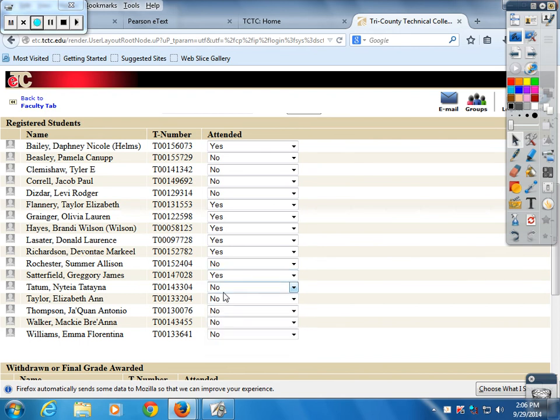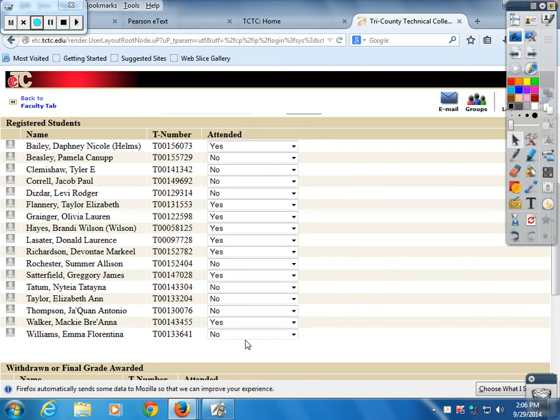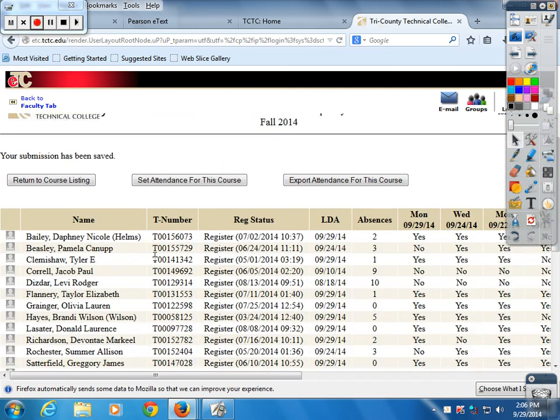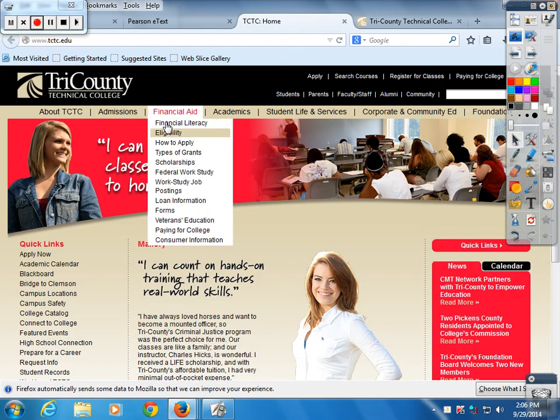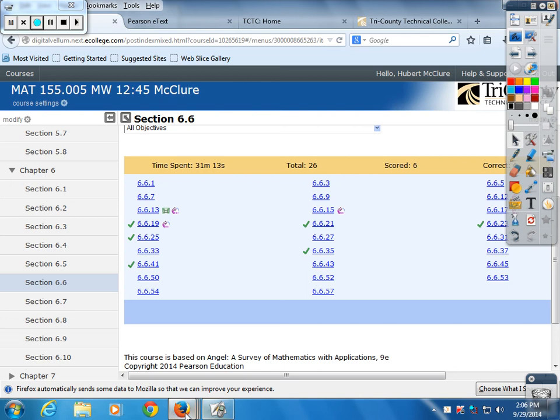Satterfield is here. Tatum's not here. Walker is here. Okay, who did I leave out? Your last name. Okay, Clemenshaw. Well, I did pretty good for everybody but one. Yeah, I got everybody. Alright, so that's done.